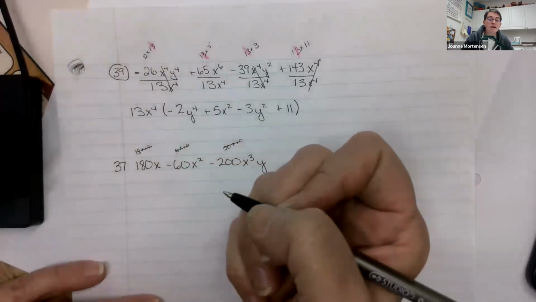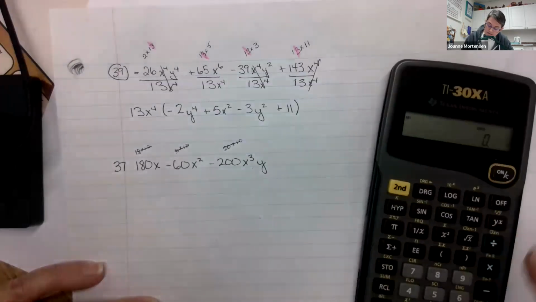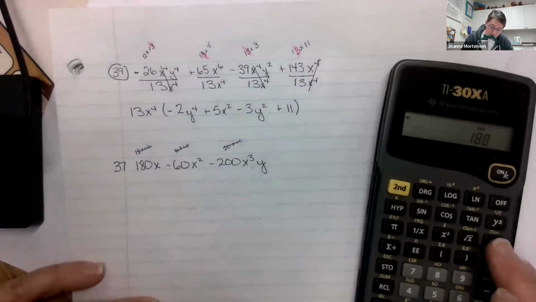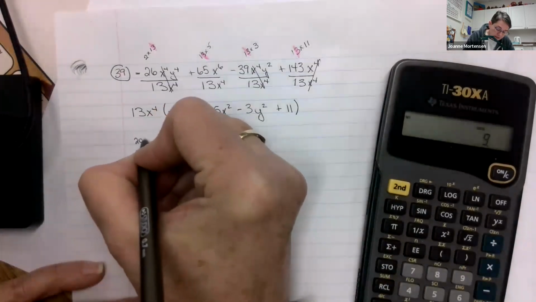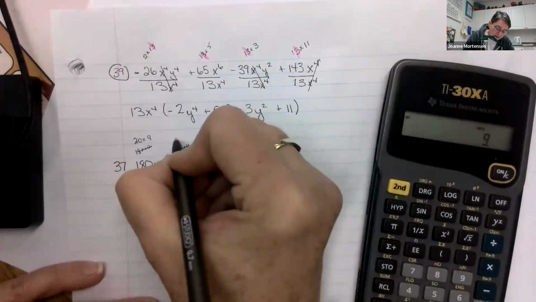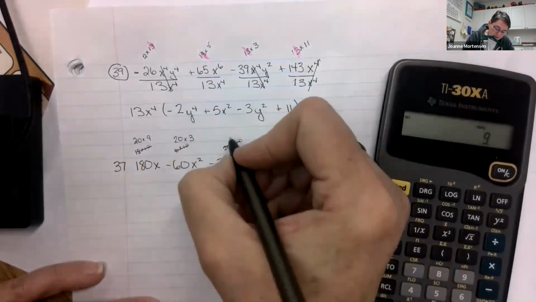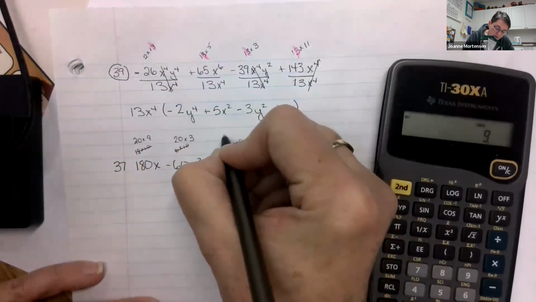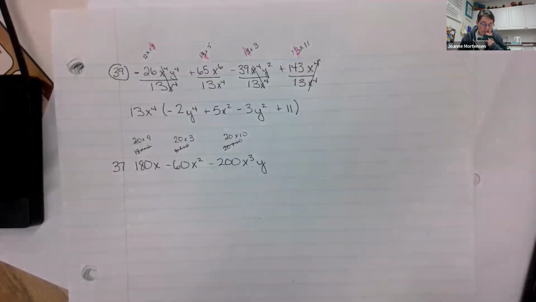So 180 divided by 20 should be 9. Okay, so this is 20 times 9. And this is 20 times 3. And this is 20 times 10. There we go.